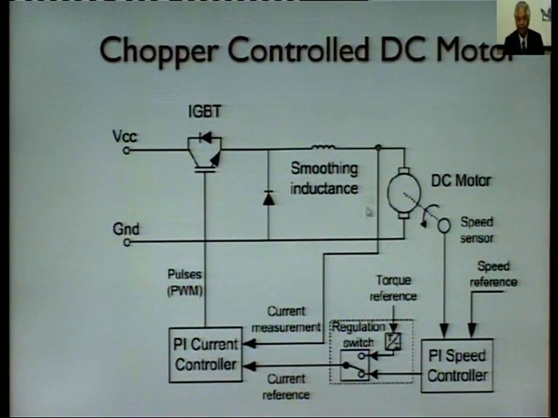From here you take a feedback, known as current measurement, and this is also from the current reference. You have a controller here known as PI current controller, and accordingly the pulses are given to this IGBT, which is the main controller for controlling the speed of the DC motor. So, you are again changing the level of the voltage, and this is known as chopper controlled DC motor.